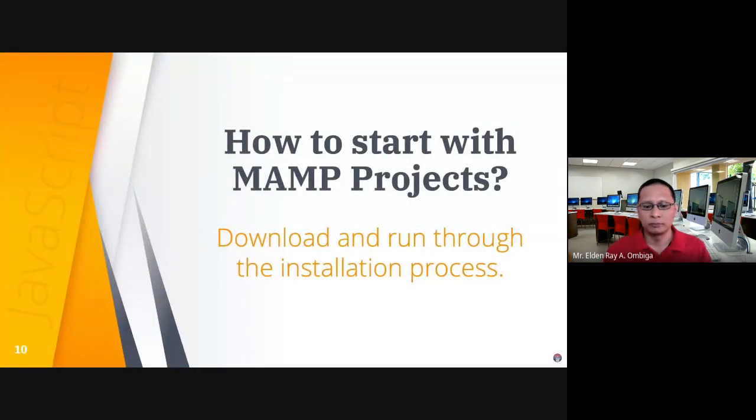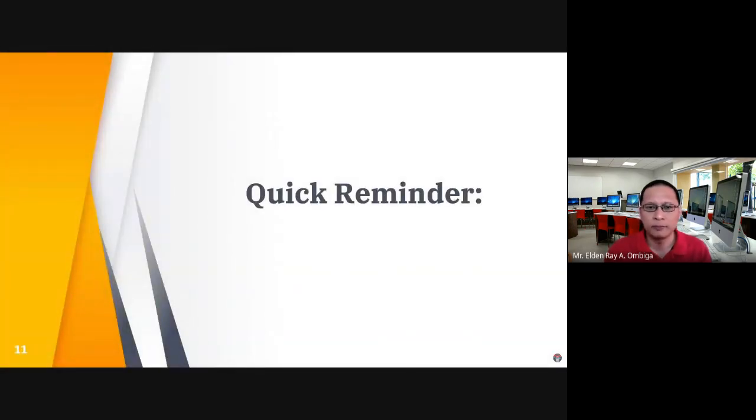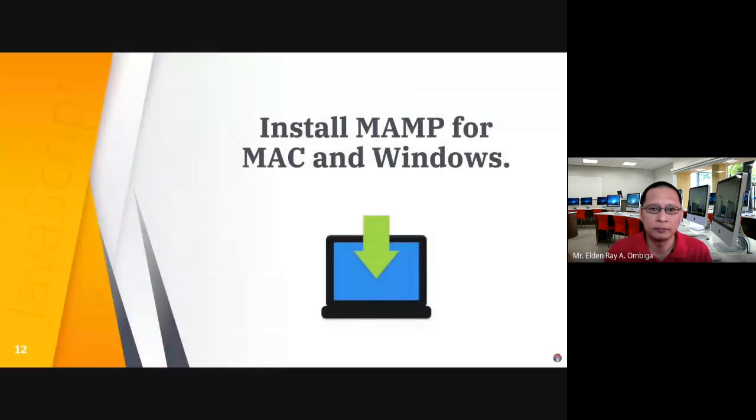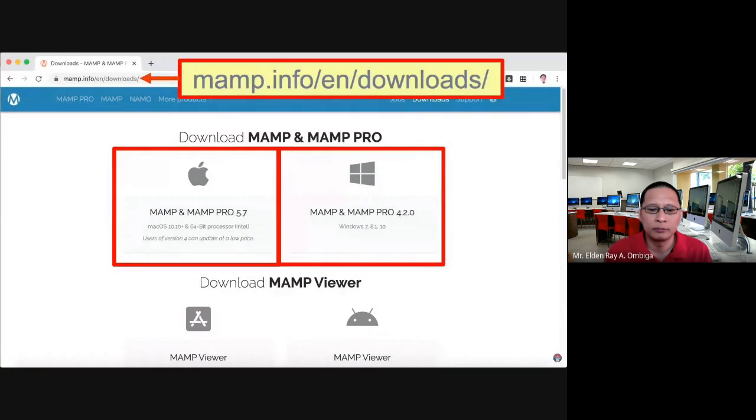So just a quick reminder, in the computer lab, the MAMP application is installed in all computers, so you don't need to install it. However, if you are doing this online, then the next step shows you how to download and install a local server. To install MAMP for Mac and Windows, go to the website mamp.info/en/downloads.